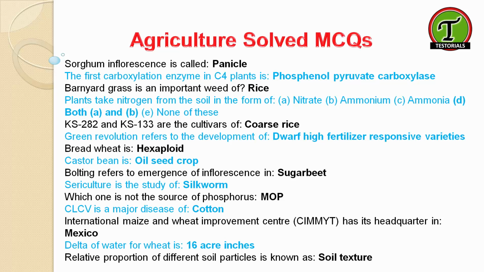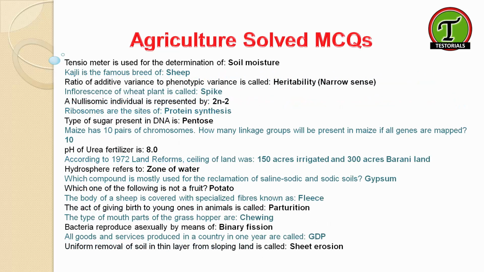Delta of water for wheat is 16 acre inches. 180. Relative proportion of different soil particles is known as soil texture. 181. Tensiometer is used for the determination of soil moisture. 182. Kail is the famous breed of sheep.